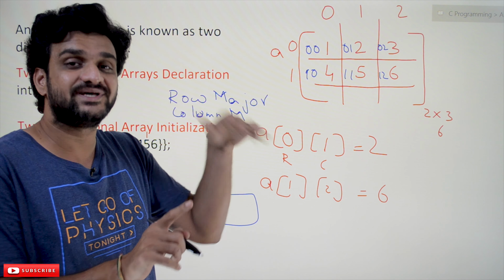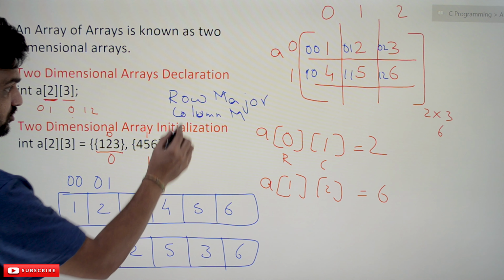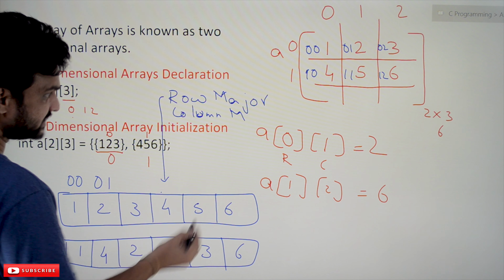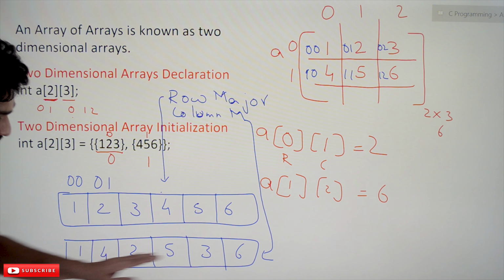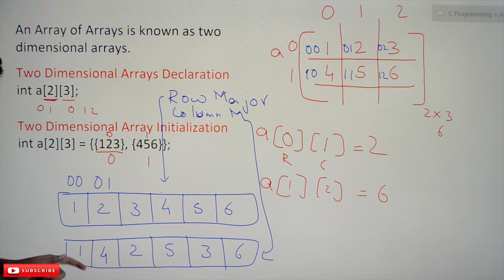So the first column and the first value is 1, the next one is 4, the next one is 2, the next one is 5, the next one is 3, and the next one is 6. If the arrangement is done in this way, a compiler can be designed by using any one of these methods. This is row major, and this is column major. If the things are arranged based upon the columns, it is column major.